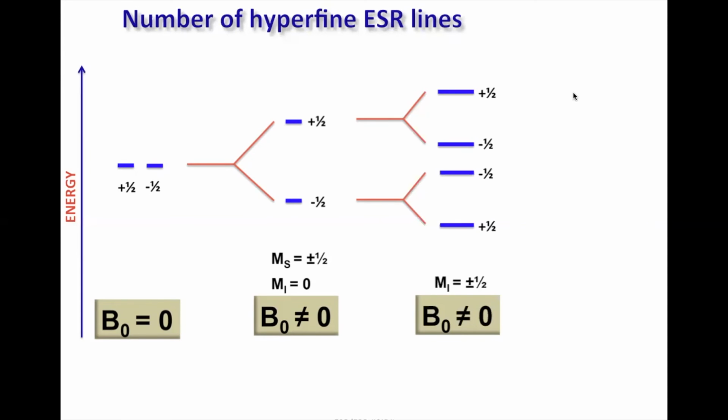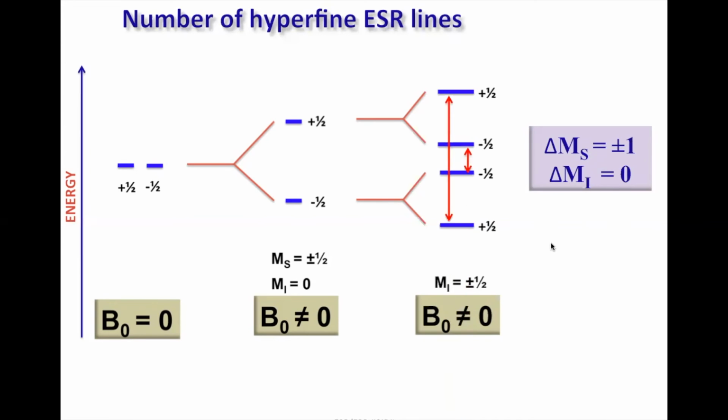So here, if we follow both these two conditions together, that is delta mS is equal to plus or minus half and delta mI is equal to 0, then two allowed transitions will be observed, and hence two ESR lines.